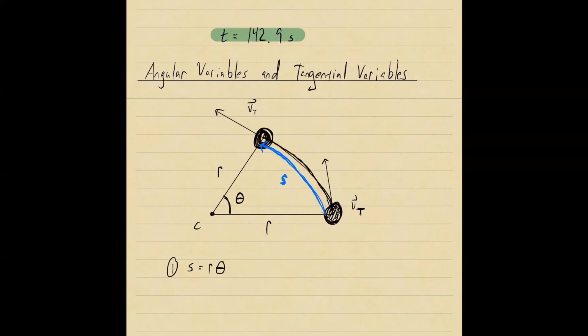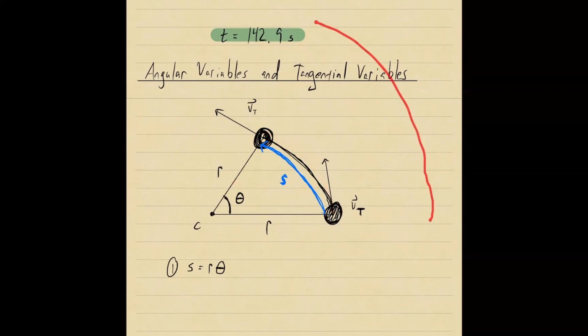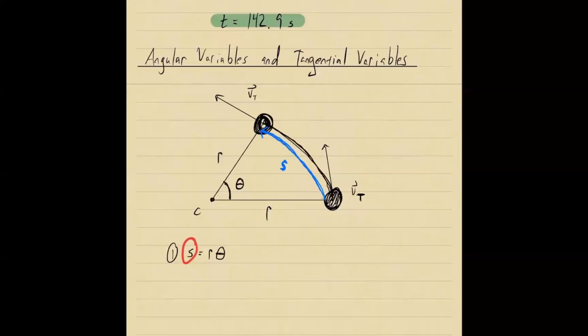If you go some angle theta around, then the distance you walk depends on whether you're really close to the axis of rotation, but you're gonna have to walk a lot farther if you're farther away from your axis of rotation. So that's why our arc length depends on how far you are, and the angle that you're going around.